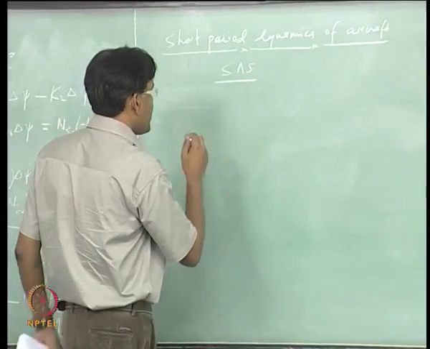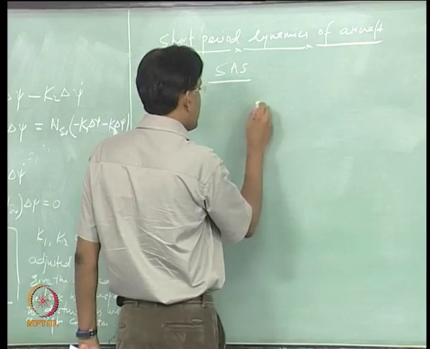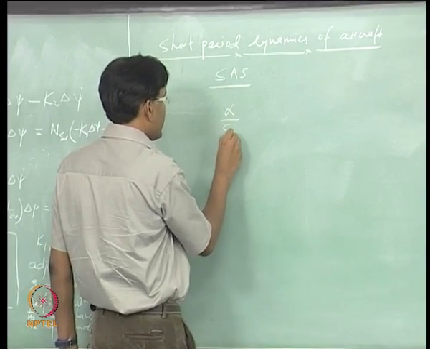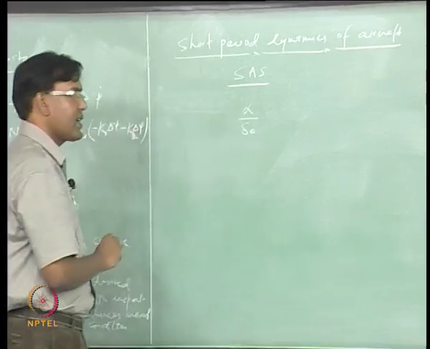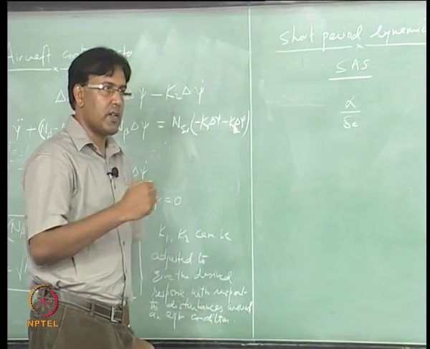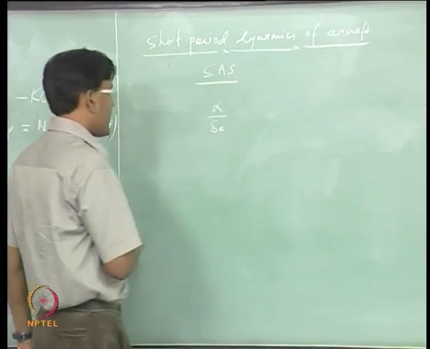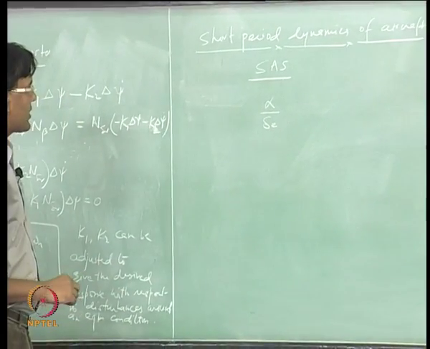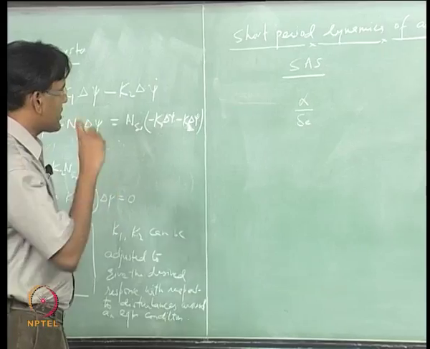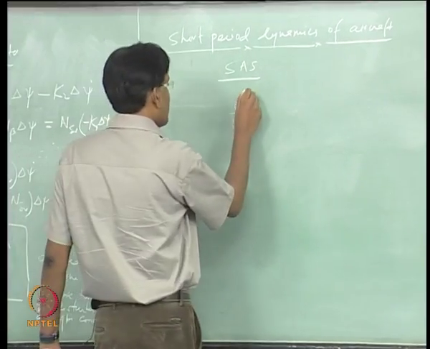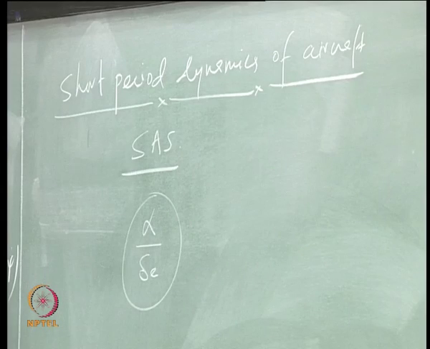So, what we have is some response which is given by alpha over delta E. So, to input in elevator, aircraft is giving some response in angle of attack, and we want to modify this response using stability augmentation system.